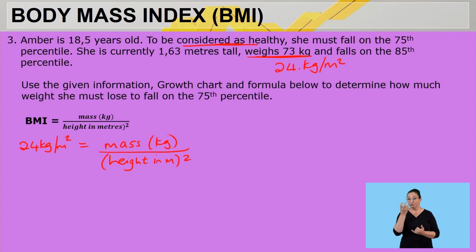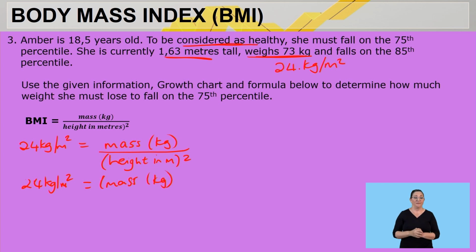Okay, so now looking at this, we know the height. That is 1.63 meters. Are we fine? So I'm going to quickly leave this 24 kilograms per square meter here. We are looking for the mass in kilograms.